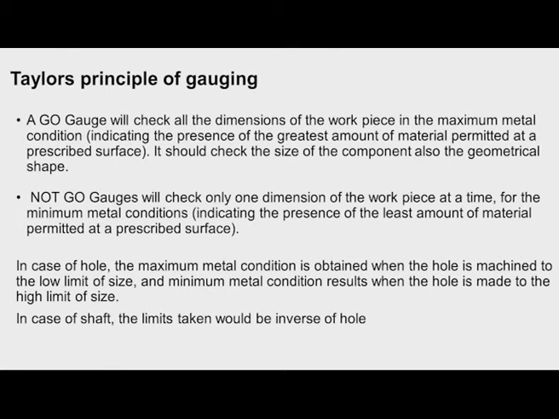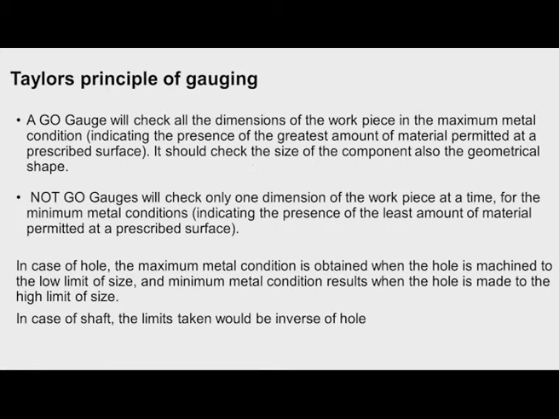Now we will start with Taylor's principle of gauging. Taylor has given some principles which are useful while designing gauges. The first principle is that a GO gauge will have to check all the dimensions of the workpiece in the maximum metal condition, indicating the presence of the greatest amount of material permitted at a prescribed surface.